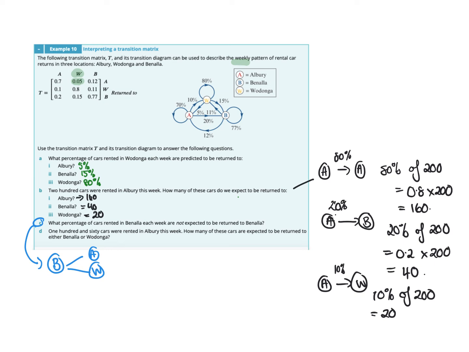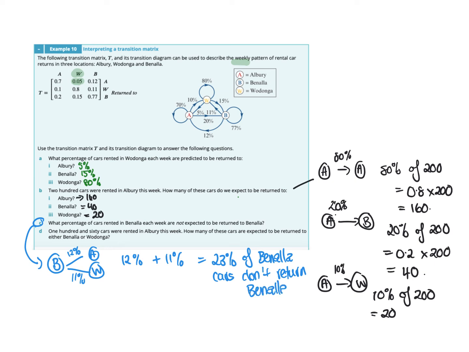Benalla to Albury is 12%, and Benalla to Wodonga is 11%. So we just add them. 12% plus 11%. So 23% of the Benalla cars don't return to Benalla.